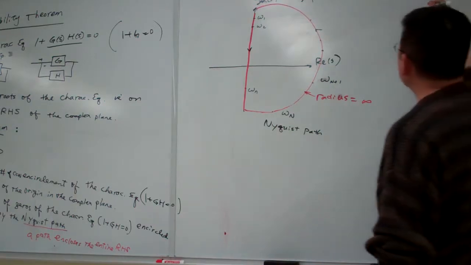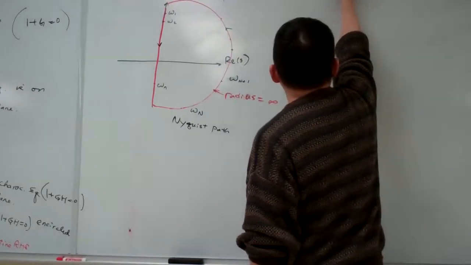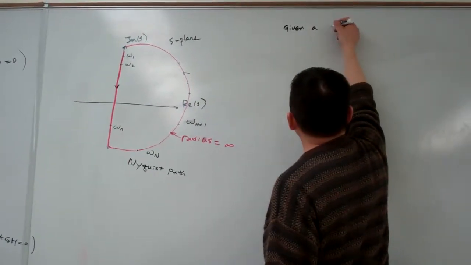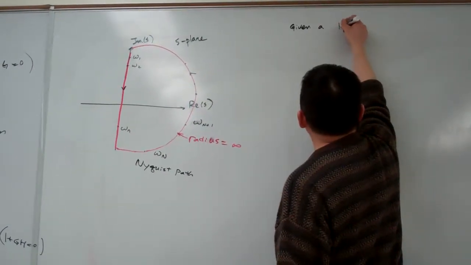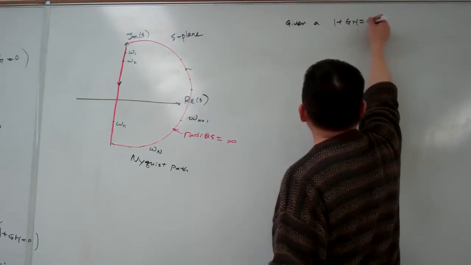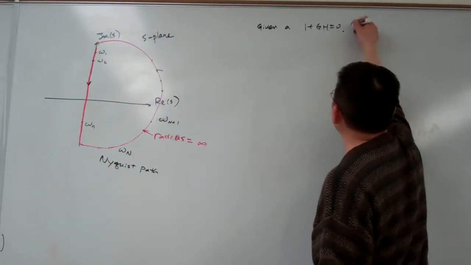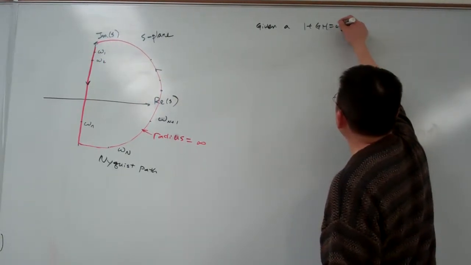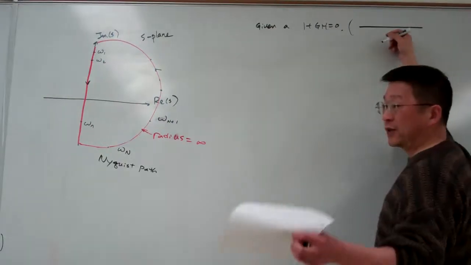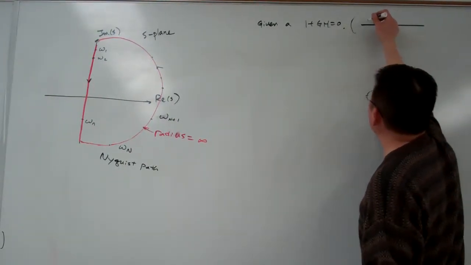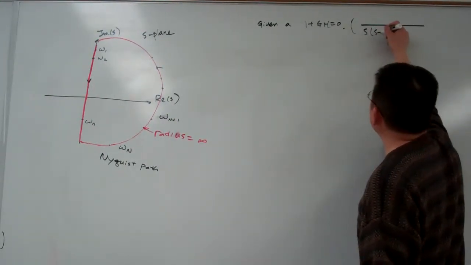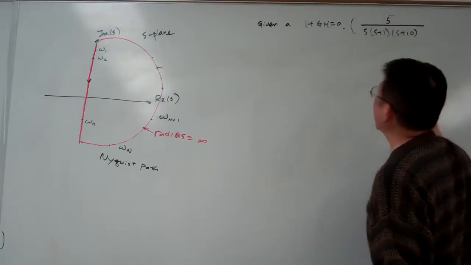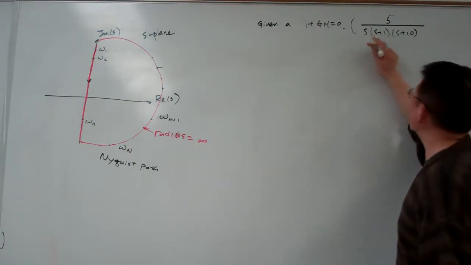So here, consider a given function, for example 1 plus GH equals 0, our characteristic equation. For example, I just make up, like our previous example, s plus 1 and s plus 10, something, let me say 5, okay? So this is equal to 0.